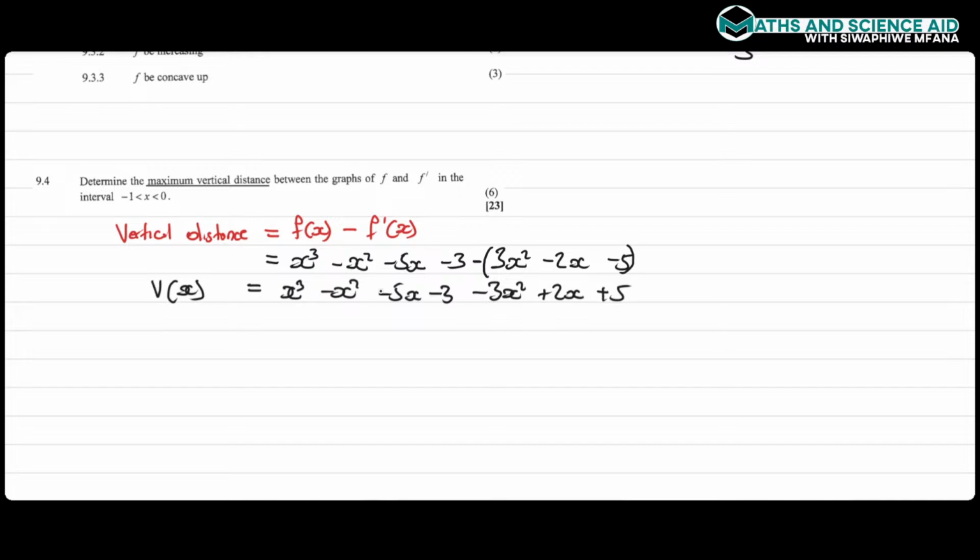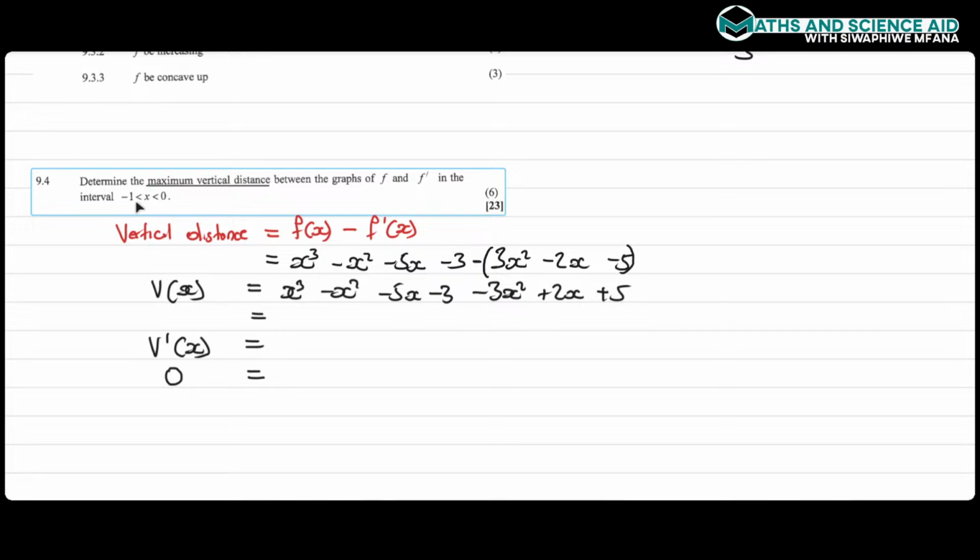And then you need to add up the like terms. And then, as you know, with optimization problems, you then need to work out the first derivative. So you need to add up all the like terms here and then find the first derivative. And then you set that equation to 0 to find your x values. So you'll get two values of x after doing that, but you are given here the interval.